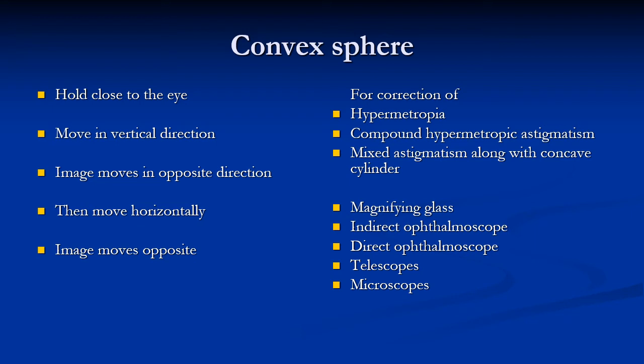If the image moves in the opposite direction, in both vertical as well as horizontal directions, then you can call it a convex lens. If there is no distortion of the image, it is a spherical one. If there is magnification of the image, it is a convex sphere. The convex spherical lens is used for correction of hypermetropia, compound hypermetropic astigmatism, magnifying glass, indirect ophthalmoscope, direct ophthalmoscope, and microscope.